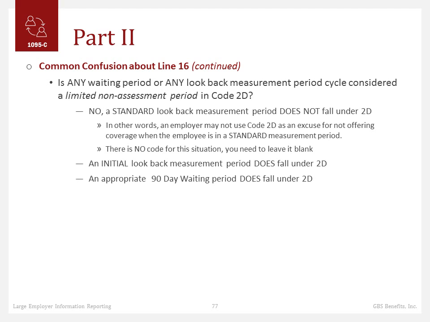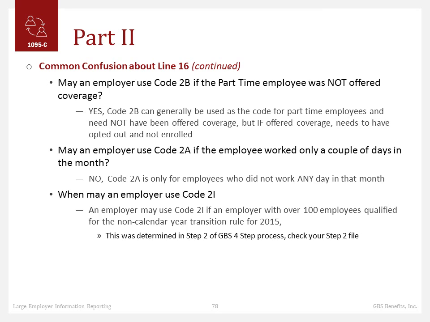Being an employee in a standard look-back measurement period is not somebody you could use code 2D for. You can use 2D for someone who's in their initial look-back measurement period, and for someone who is in their 90-day waiting period, but not for somebody who's in their standard look-back period.